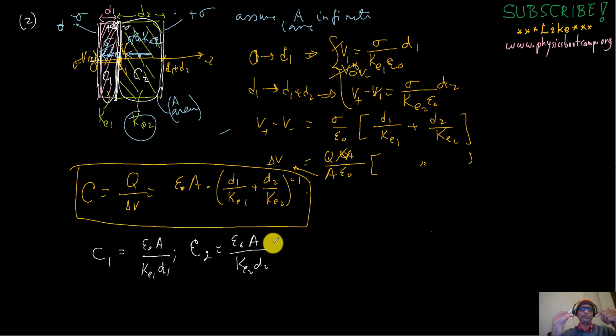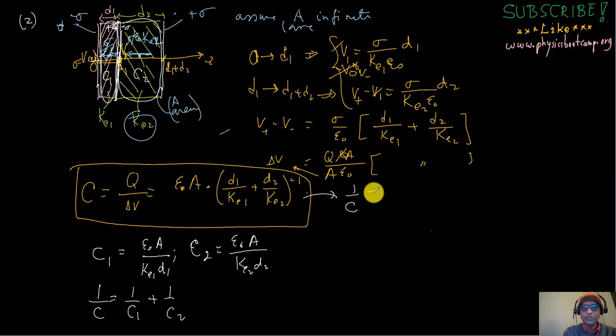And when capacitors are in series, the equivalent capacitance adds this way: 1 over C is equal to 1 over C1 plus 1 over C2. So let's look at that way. 1 over C will be 1 over epsilon naught A, and the inverse of that will be just itself, D1 over KE1 plus D2 over KE2.